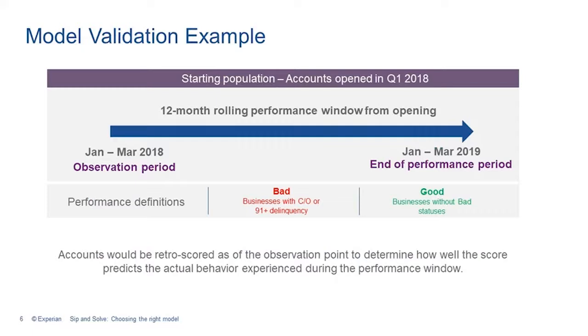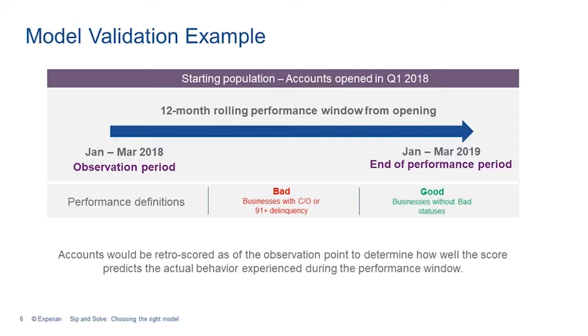Then you determine how well does that score at the time that that account opened predict the actual behavior you saw. So in this example on this page, you see a bad is the behavior we're trying to predict at 91 or more days delinquent, and a good would be anything that doesn't have that bad performance.